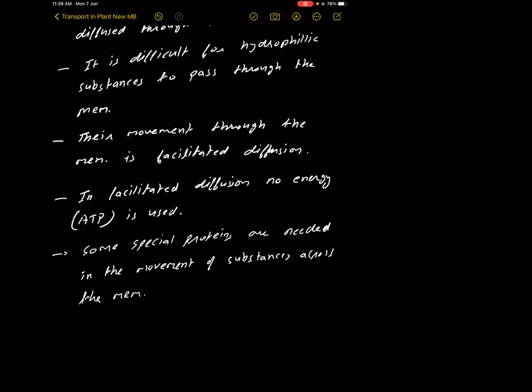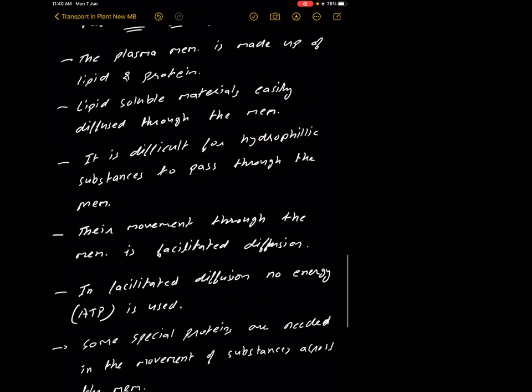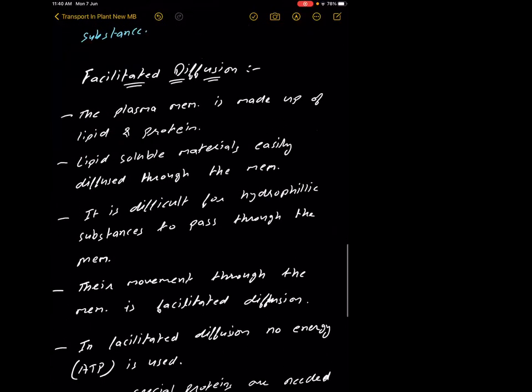Passive means no requirement of energy; ATP is not used by the cell. But here you are using some energy, because you have to pull something from lower concentration to high, so in turn you have to pay something. That is active transport.